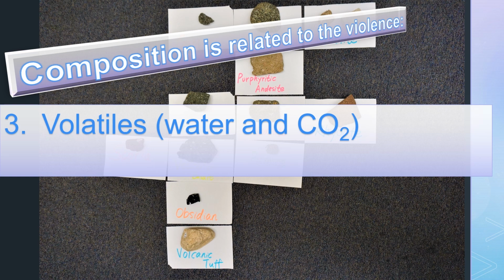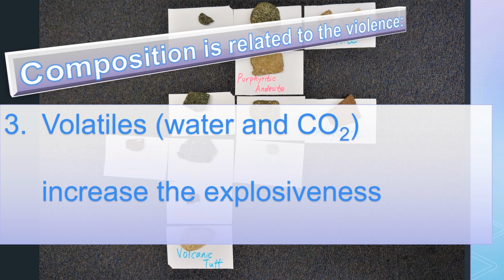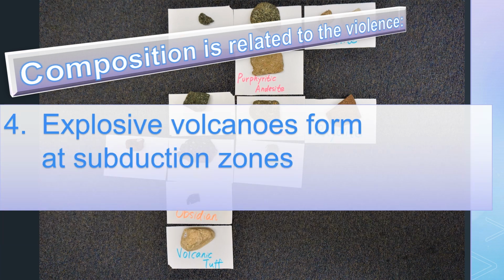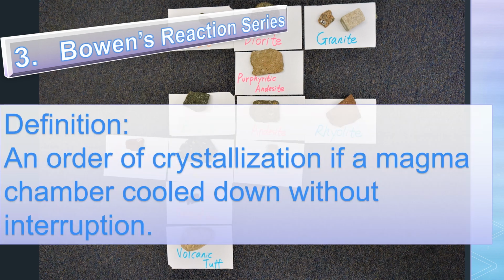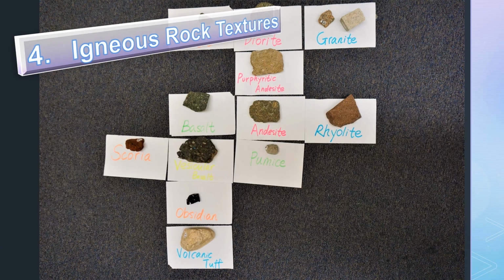Volatiles, which is water and carbon dioxide, increase the explosiveness, and the explosive volcanoes form at subduction zones. Bowen's reaction series means an order of crystallization if a magma chamber cooled down without interruption.